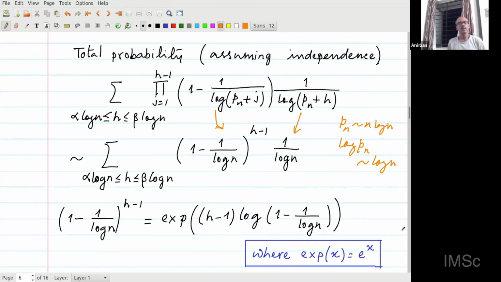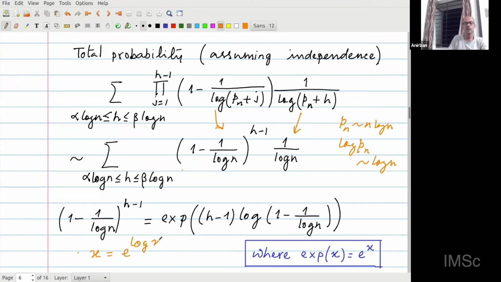H is an integer. Now let's look at this thing. This is the cumbersome term now: 1 minus 1 over log n, to the power H minus 1. That's just a notation, it's a huge thing. What I'm doing is, say I have an x and I write it as e to the log x.